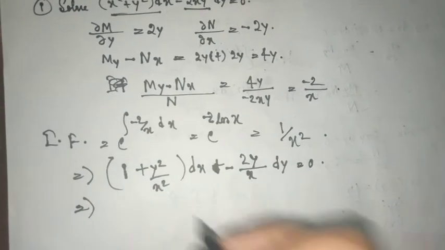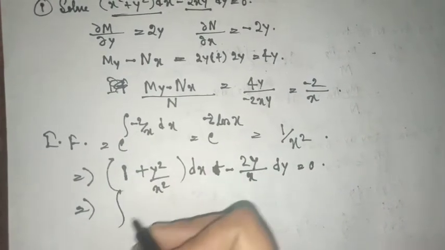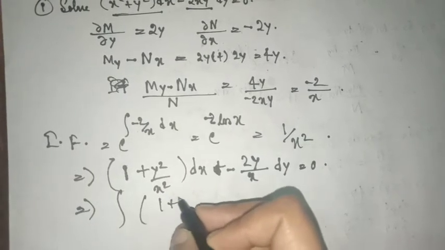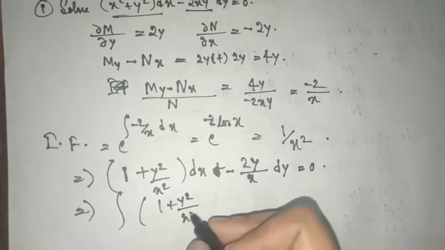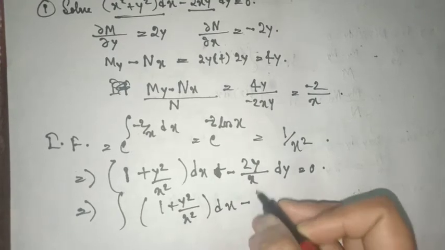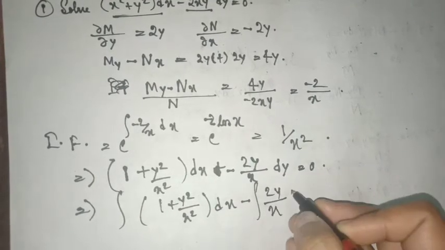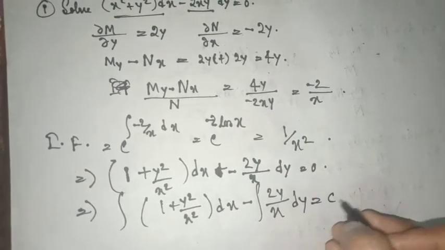So on integrating, this becomes integration of 1 plus y square by x square dx minus integration 2y by x dy is equal to c.